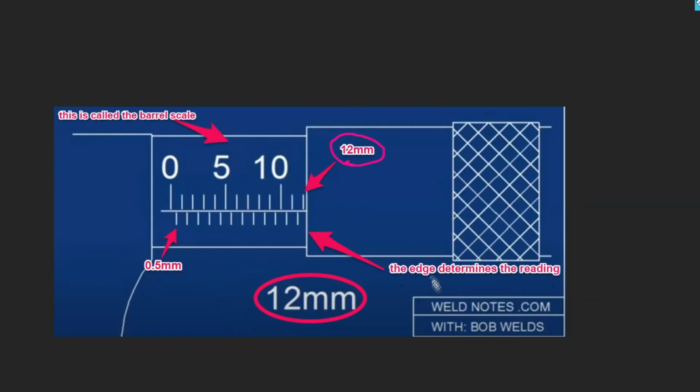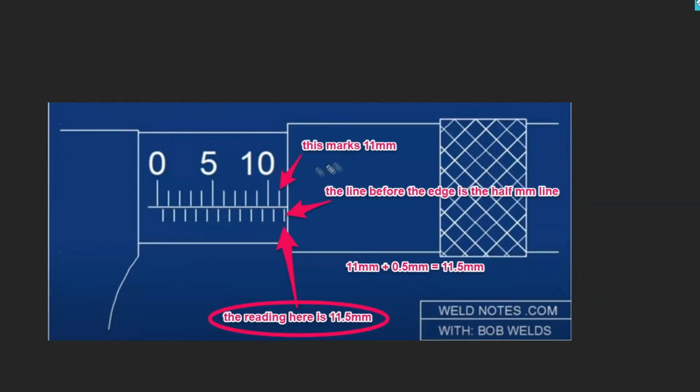It's also important to note that in a micrometer screw gauge, the edge always determines the reading. This edge of the barrel right here determines the reading, and we'll get into more detail in a further example.